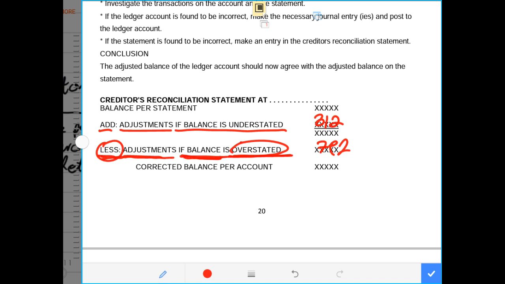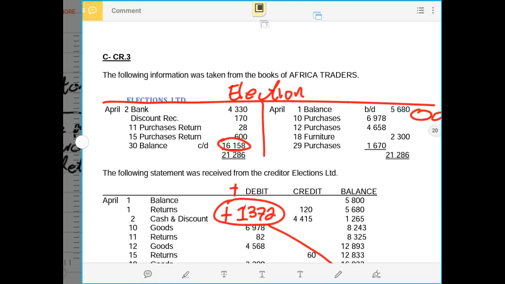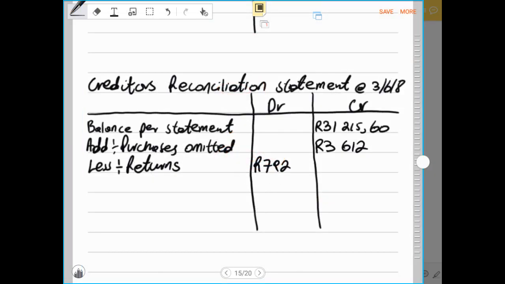So that means the 1,372 must be recorded on the debit side, indicating that we are reversing the balance. So we are recording this from our perspective, 1,372, and this will be purchases for July that were by mistake recorded in the month of June.